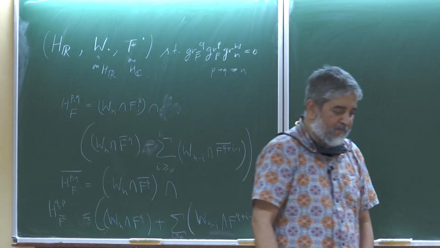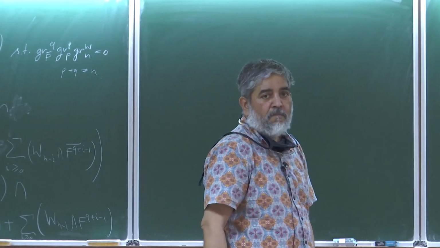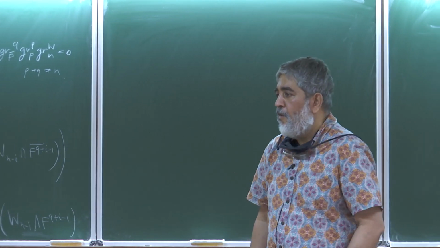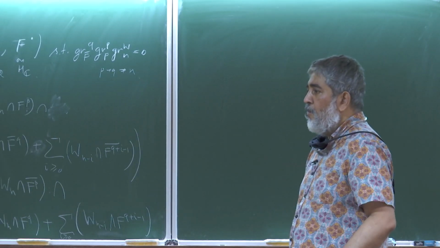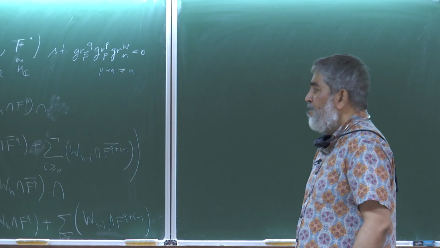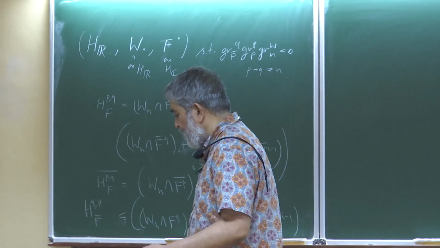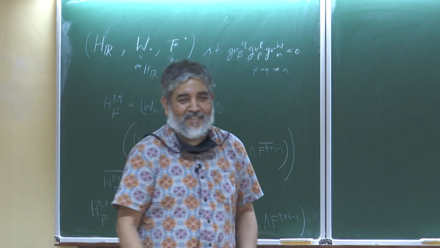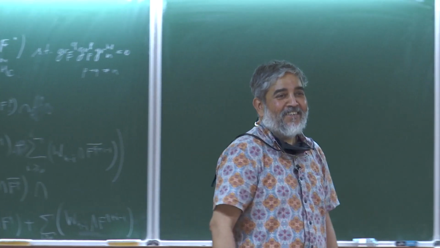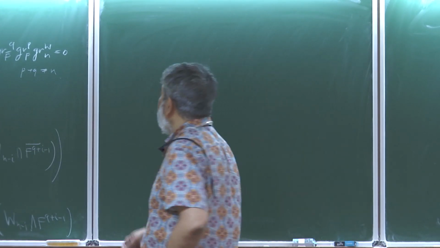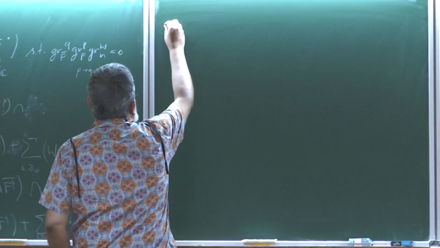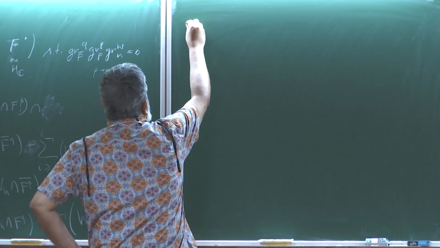And that's the point. In yesterday's terminology, a mixed Hodge structure is trivial if F bar equals F. Well, it's pure. It's not pure. Okay, pure is unmixed.